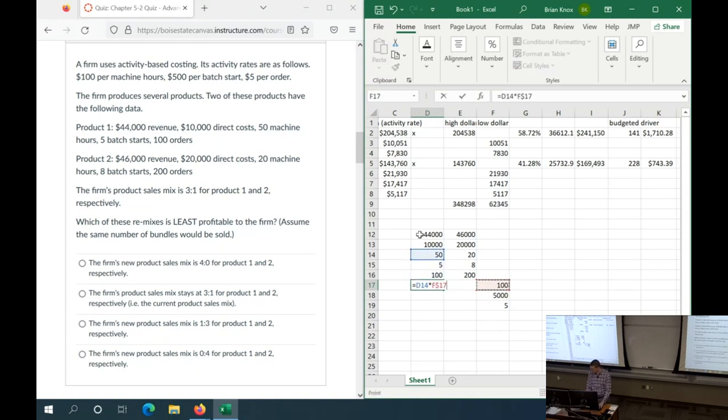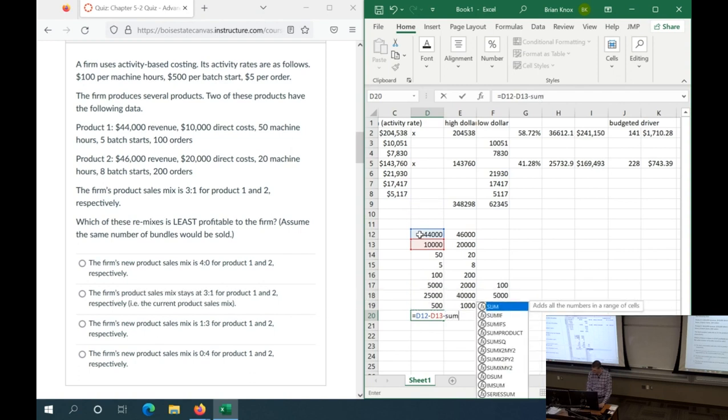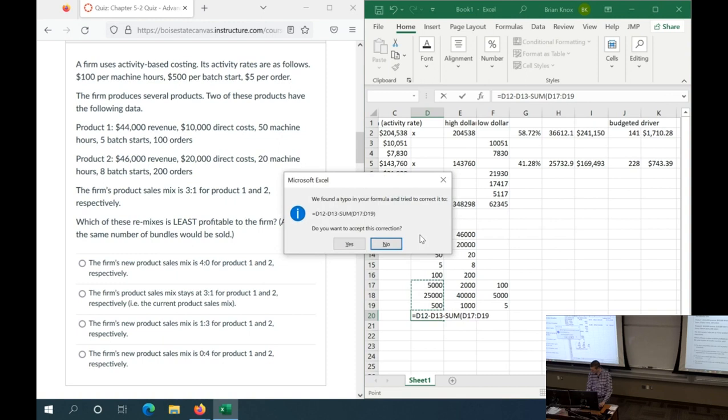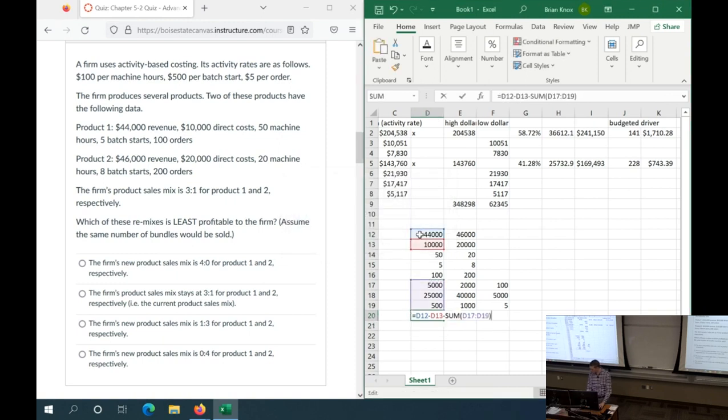I want the column absolute. No, that's not quite right. This minus that minus the sum of these three. There we go. Okay, so I can now extrapolate from here which of the product mixes will be the best.